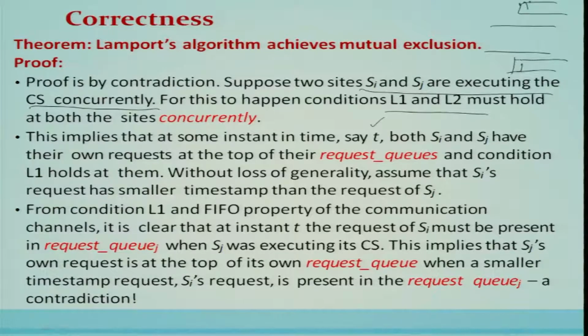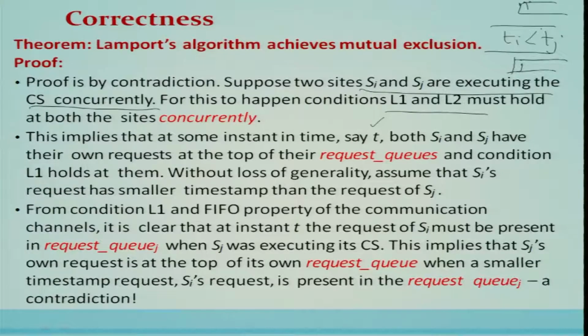Without loss of generality, assume that Si's timestamp is smaller than the timestamp of the request of j. From condition L1 and the FIFO property of the communication channel, it is clear that at instant t, the request of Si must be present in the request queue of j.